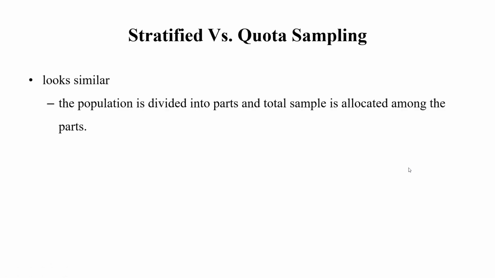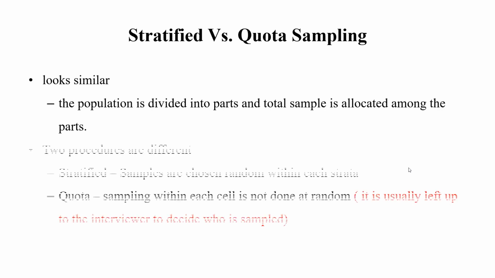It is similar to stratified sampling, because the population is divided into parts, and the total sample is allocated among the parts.